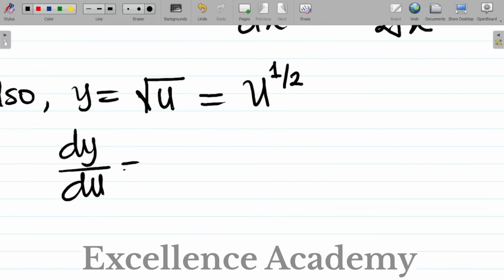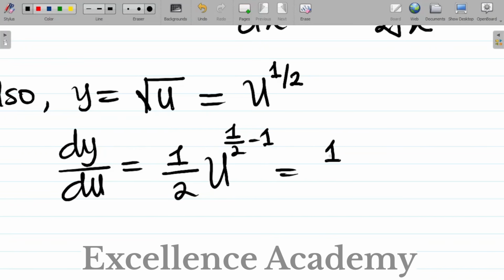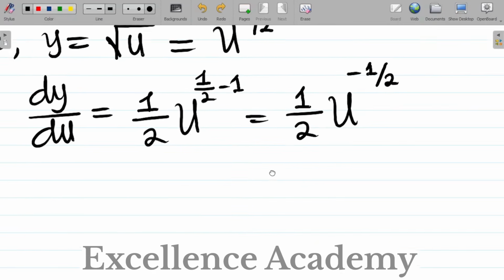Differentiating y with respect to u, that will be equal to, write down the power 1 over 2, u to the power, subtract 1 from the power. And that's equal to 1 all over 2 u to the power 1 over 2 minus 1, which gives you minus 1 all over 2. So half minus 1 is minus half.